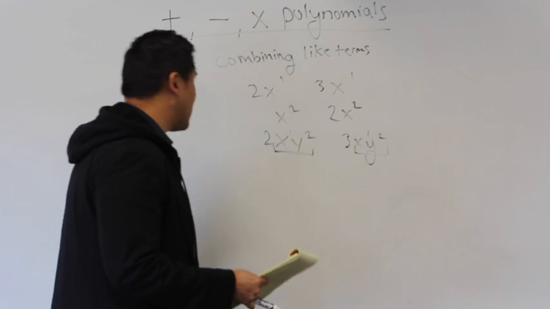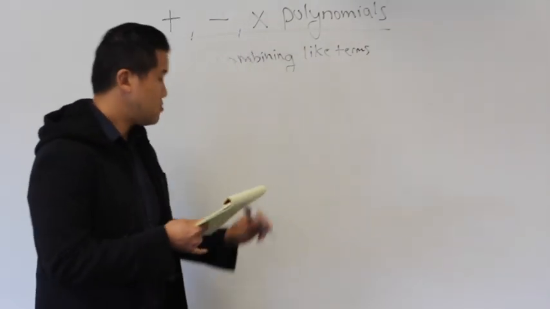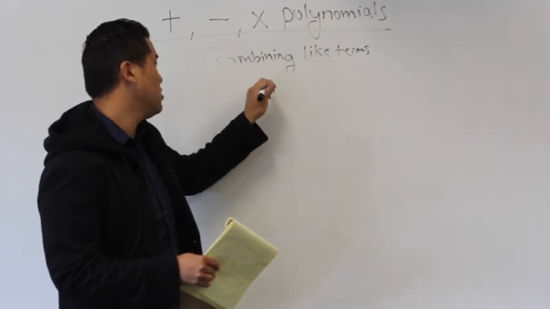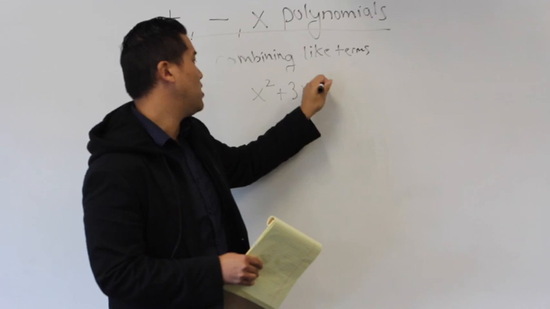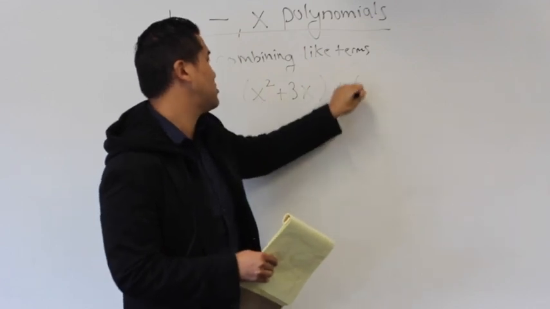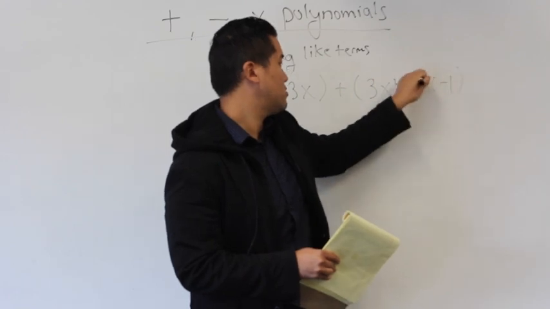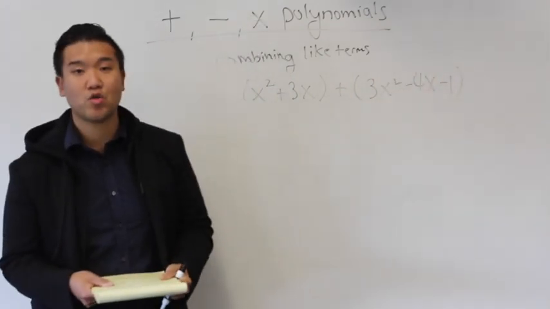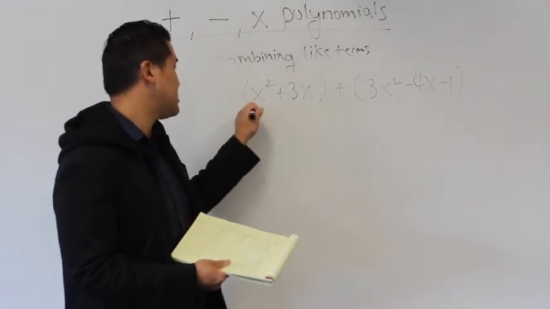So let's try an example. If I give you a binomial and I want you to add that to a trinomial, all you are doing is combining like terms. So then I see this x squared.